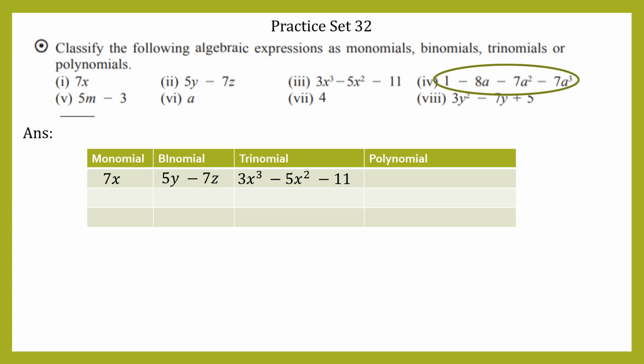So how many terms it has? 4 terms. So tell me, what is an algebraic expression with more than 3 terms called as? Yes, it's called as a polynomial. Poly means many.